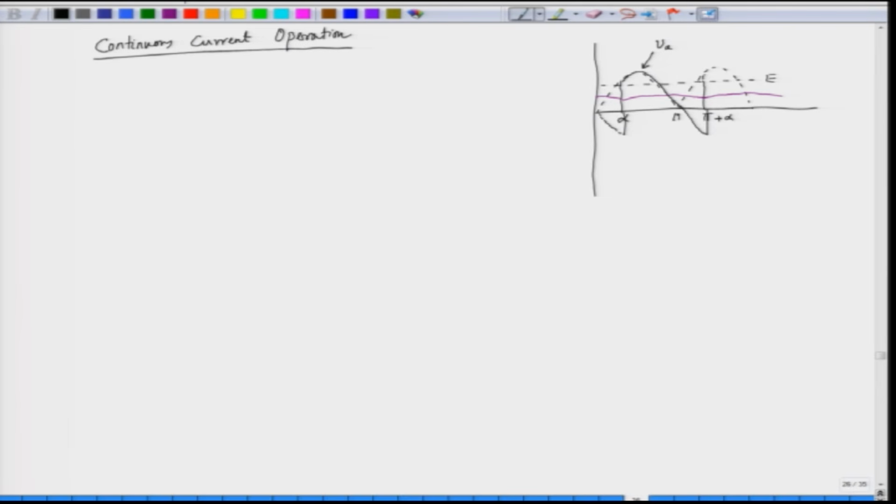So, the voltage waveform looks like this. This is 2 pi, this is pi and the current waveform I A is continuous, current does not come down to 0. So, this is the continuous current operation where we do not have discontinuity in the current, which is fully maintained in both the half cycles.